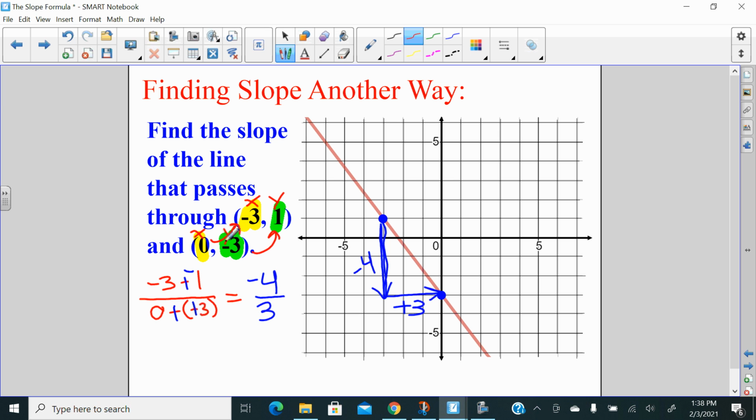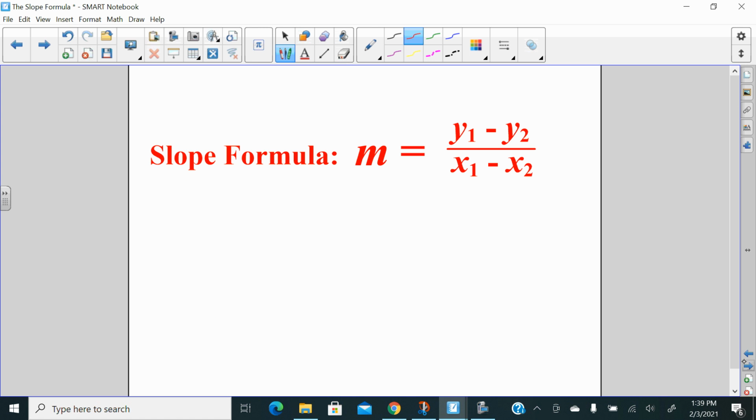So it's like you got 2 x's and 2 y's, and whoa, that can get really confusing really fast, but don't worry. What happens is the first pair has a little subscript, a 1 by its x and a 1 by its y, and the second pair gets a subscript of 2 by its x and y. And that is why what you see in the formula here is y1 minus y2 and x1 minus x2.